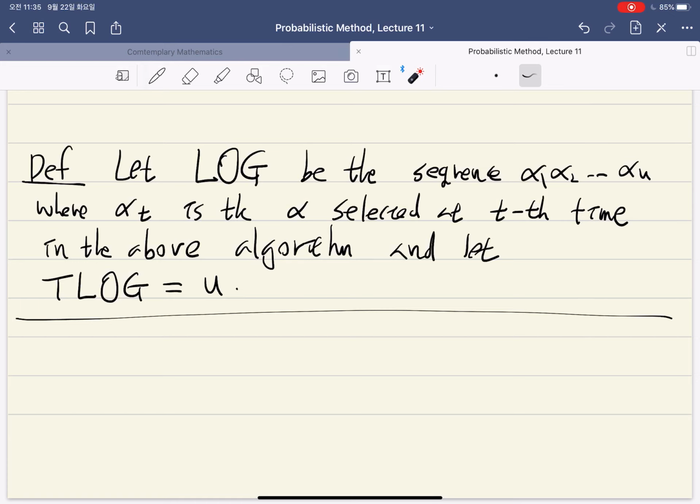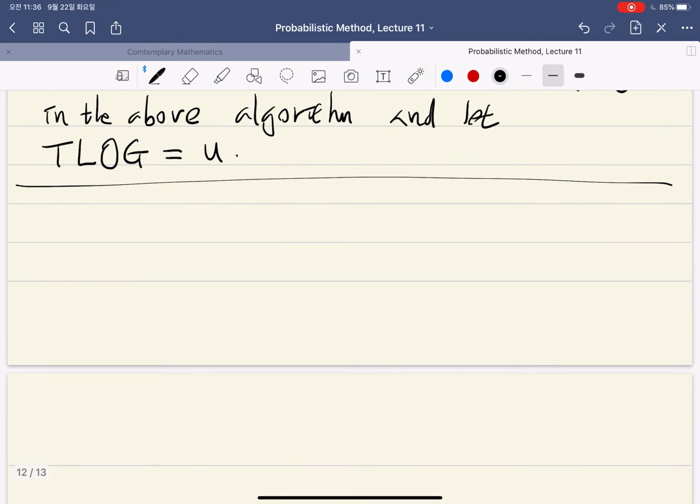For that, we want to show that if this log is too long, then it is unlikely to actually obtain that specific log. And then we want to add the probability of getting a specific log for all long logs. Then we can show that it is unlikely to get a too long log, so it's likely to be short. But how can we bound the probability of getting that?